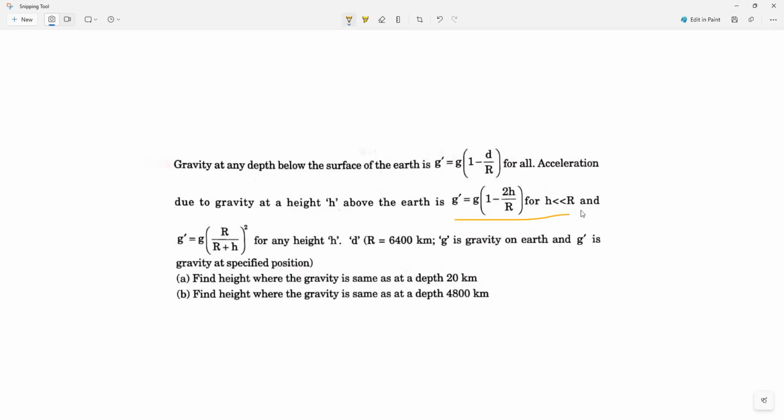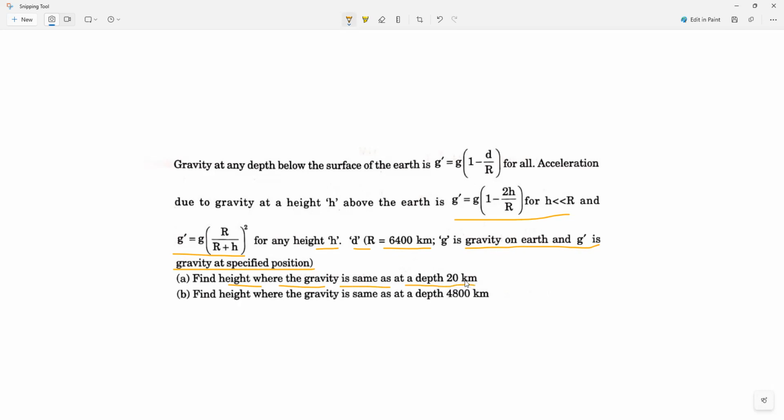For larger height, we'll use this formula for any height h. Now R is equal to 6,000 km, the radius of the Earth, G is gravity on the Earth, and G dash is the gravity at the specified position. Now they are asking, find the height where the gravity is the same as at a depth of 20 kilometers.